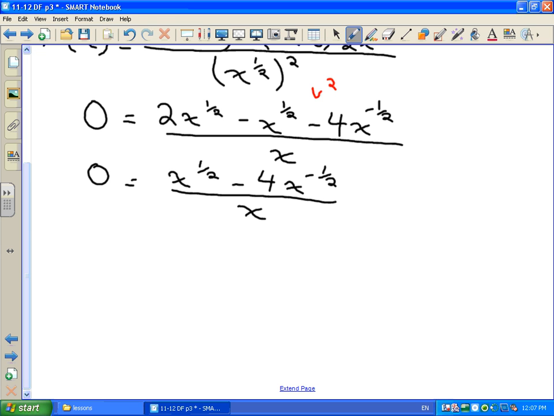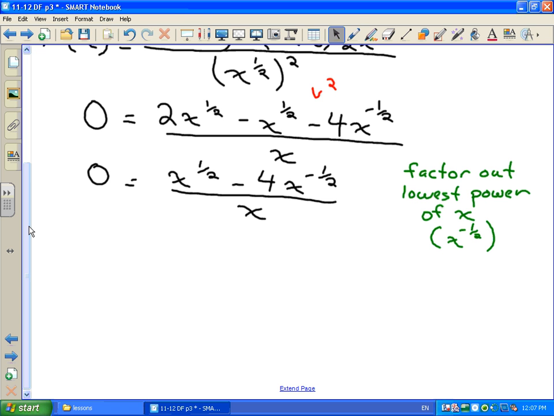What I'm going to do is, I think the clearest thing to do is to look at my numerator here and factor out the lowest power of x. Okay. So my lowest power of x is, well, I've got x to the 1/2 and I've got x to the negative 1/2, so that's going to be x to the negative 1/2 that I'm going to factor out of my numerator.